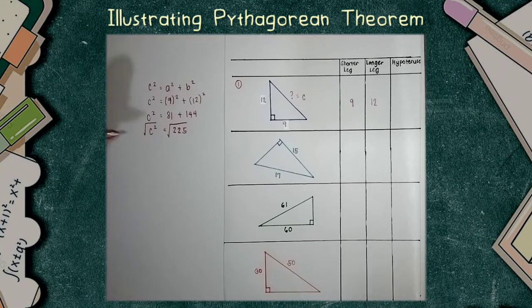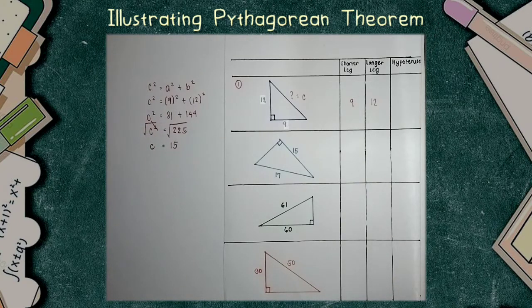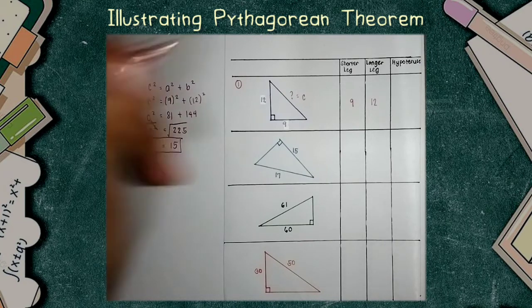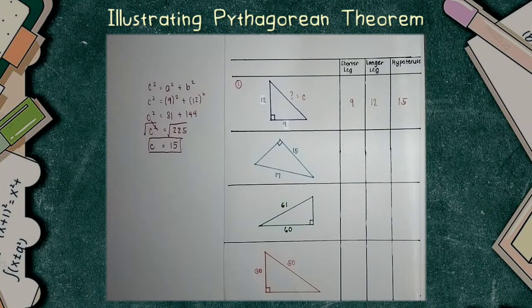So, the square root of C squared is C, and the square root of 225 is 15. In getting the square root, kailangan nating medyo familiar dun sa mga perfect square natin. So the value of the hypotenuse is 15. Ilalagay na natin siya dito sa table.